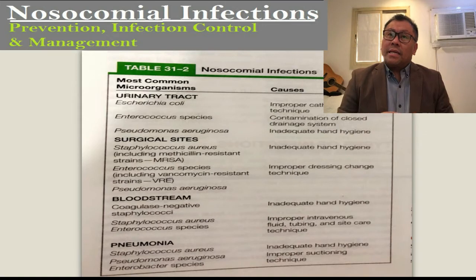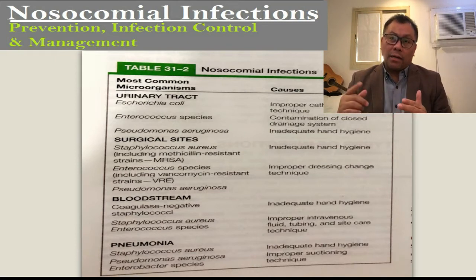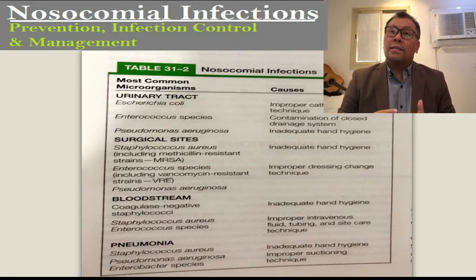Now, if you can see the table, Table 31.2, the nosocomial infections, we are going to discuss the most common microorganisms and their causes. For example, in the urinary tract, the causative agent is E. coli, caused by improper catheterization technique.